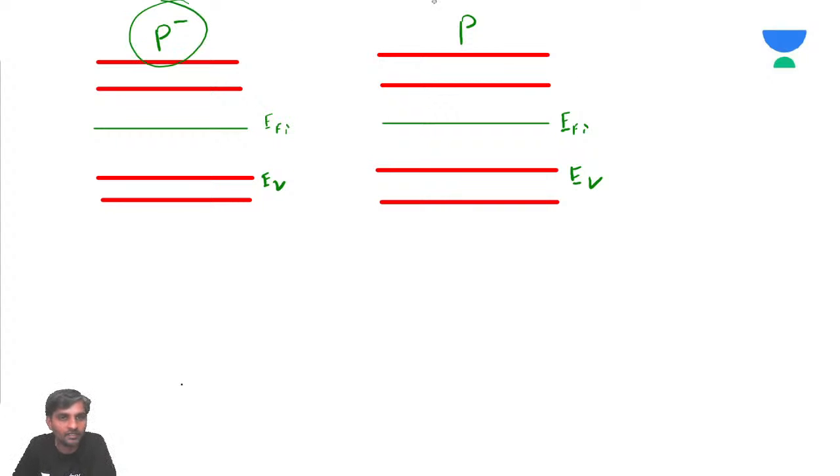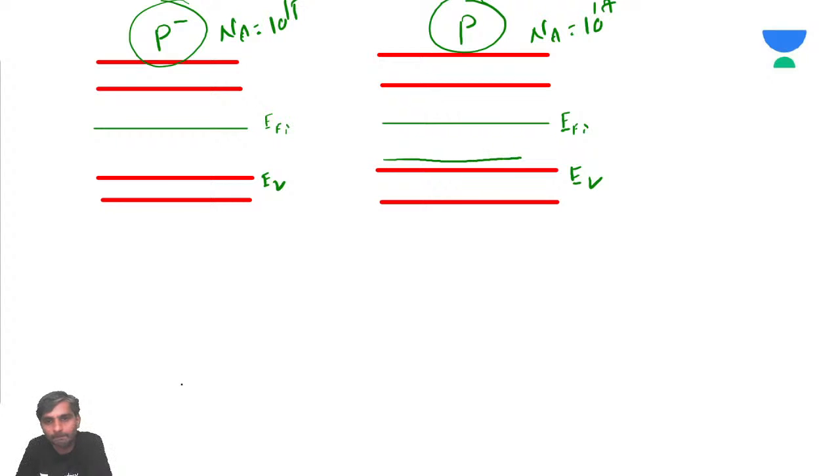In p-type material with acceptors, Na equal to 10 to the power of 15 here and 10 to the power of 17 there, the 10 to the power of 17 one will be very close to EV, because its concentration is very high.